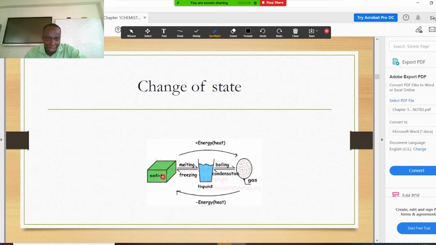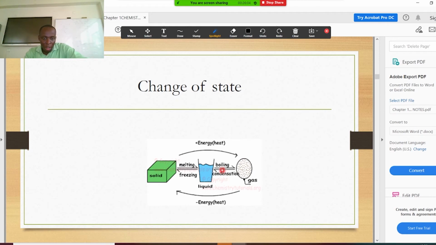Now, from solid to liquid, we say melting is taking place. That is the name of the physical process. The name of the physical process is melting. Right? And then when it turns into a liquid and you further increase the temperature or the heat, it turns into a gas. We say boiling or evaporation has taken place. I will talk about the difference later between boiling and evaporation.